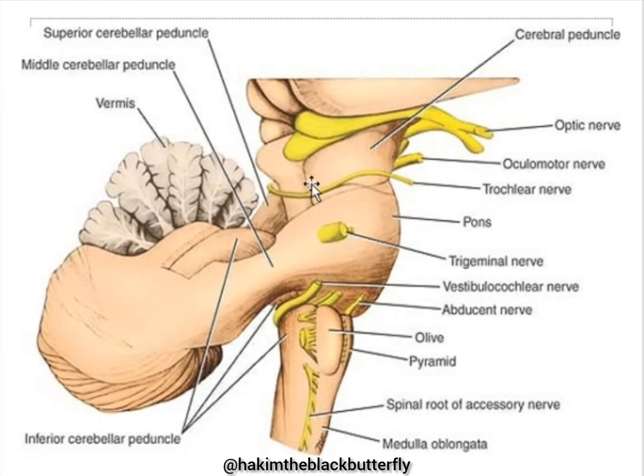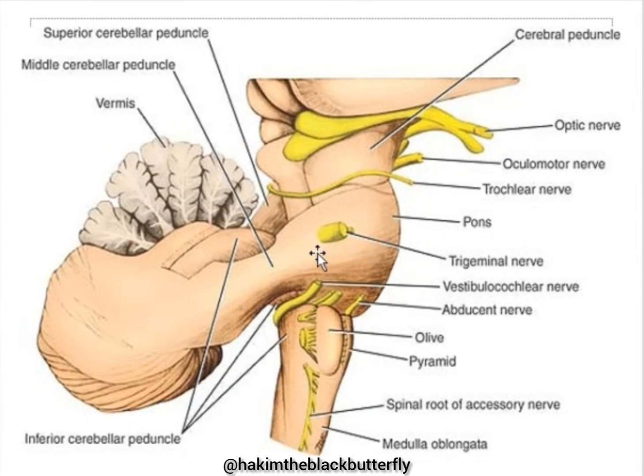The superior cerebellar peduncle connects the cerebellum to the midbrain. These cerebral peduncles are found within the midbrain. So whenever you see cerebral peduncles, we are in the midbrain. So the superior cerebellar peduncle connects the cerebellum to the midbrain.